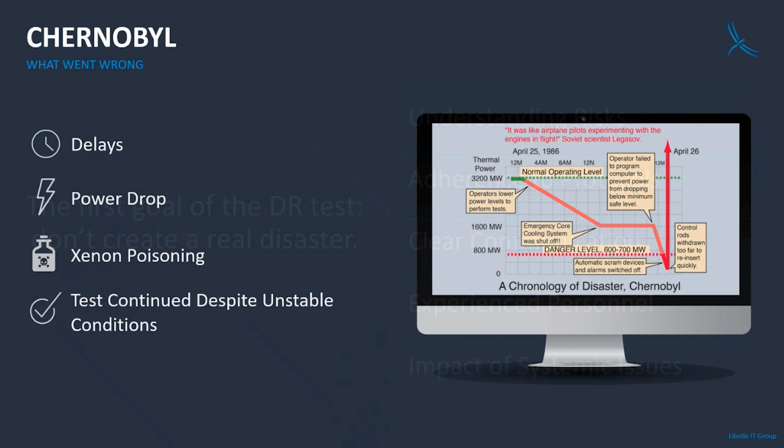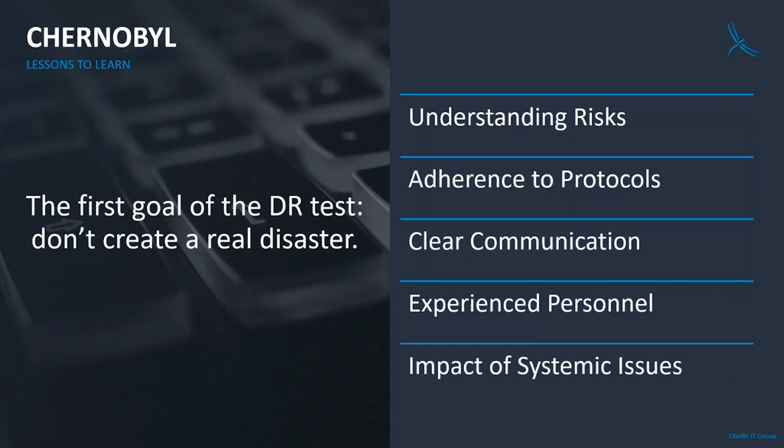So the lessons we can learn from that are, one, to think about the risks that can happen with such a test: what are the safe ways to perform it, and what are areas where we could get into danger? Next, they didn't follow their safety protocols, which is important to do.